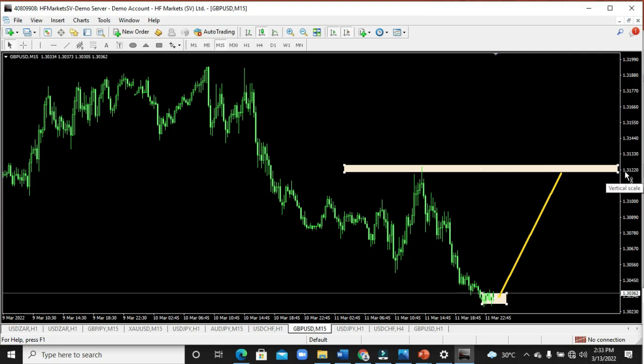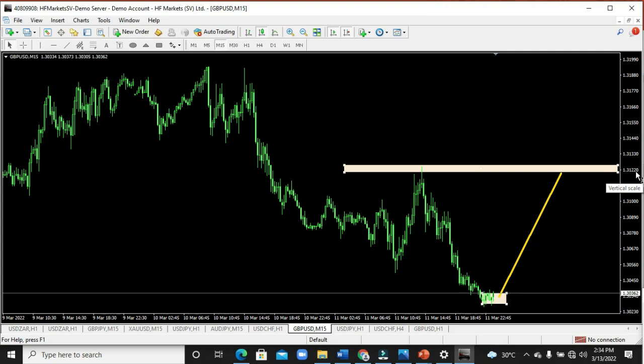So what we will now do is deduct our entrance from our exit. So we now subtract 1.30362 from 1.31220. That's what we are going to do. We subtract our entrance from our exit.